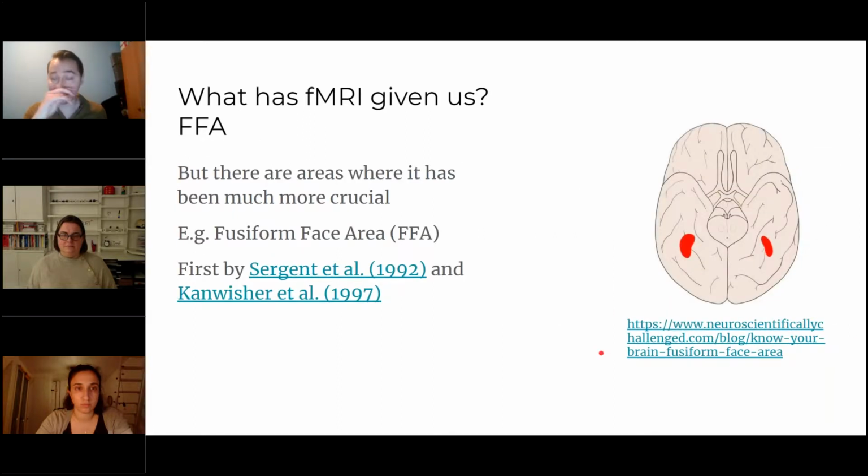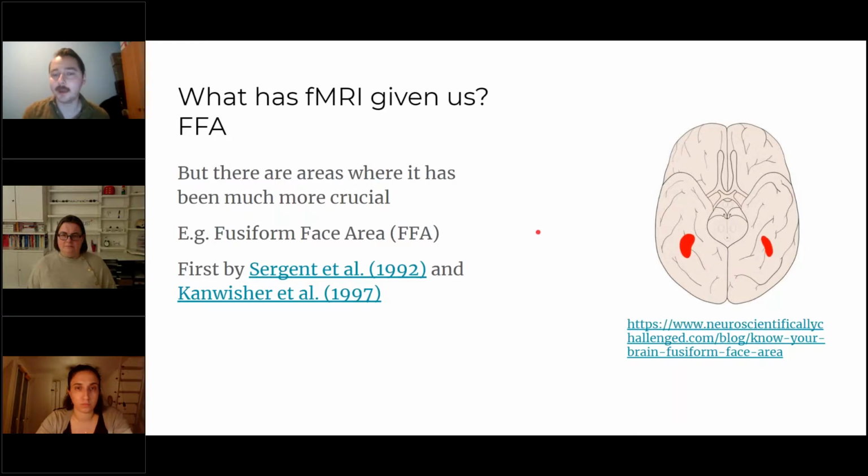But I would argue that there have been areas where neuroimaging has been much more crucial and has really contributed a lot to our understanding. I think one good example of this is face processing. The general idea that faces are quite important for primates, including humans, is not particularly surprising.